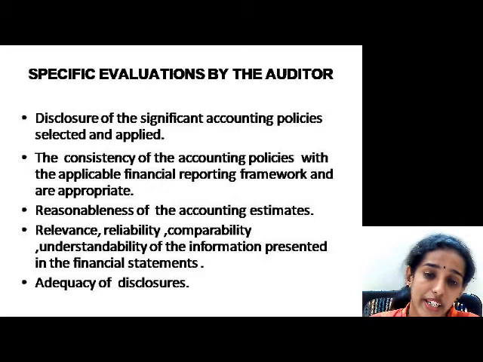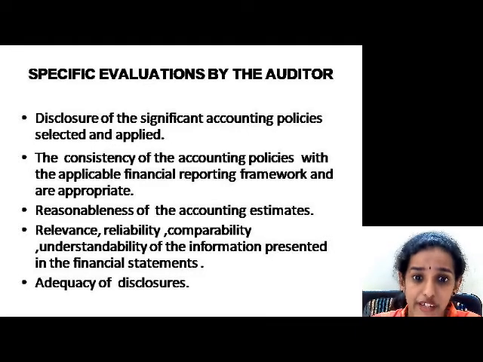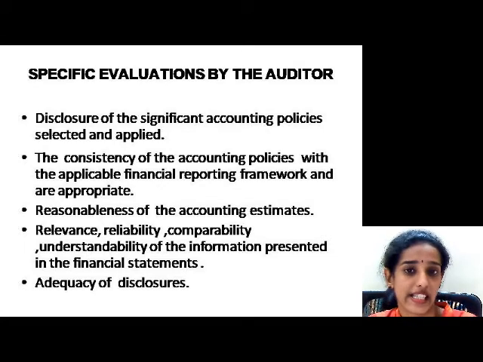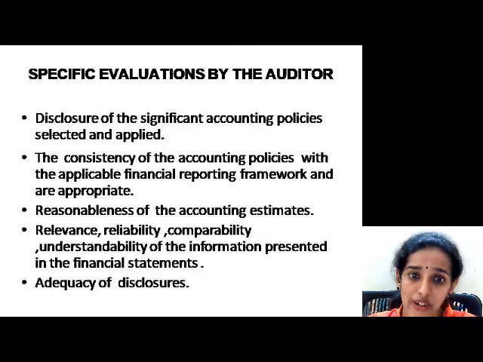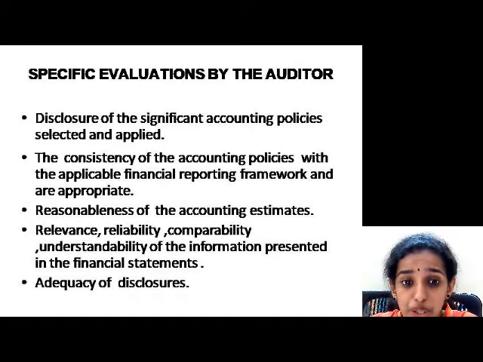Whenever an audit is conducted, there are a few points which have to be necessarily taken care of. The first one is the accounting policies: whether they are selected and applied consistently. Consistently means in line with the applicable financial reporting framework.